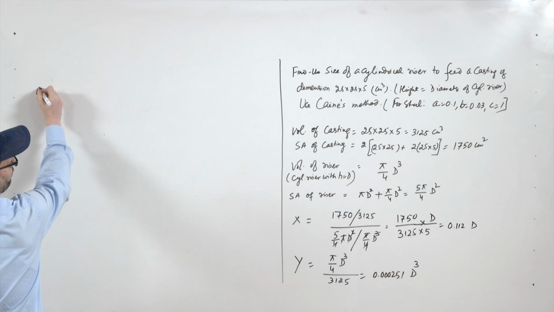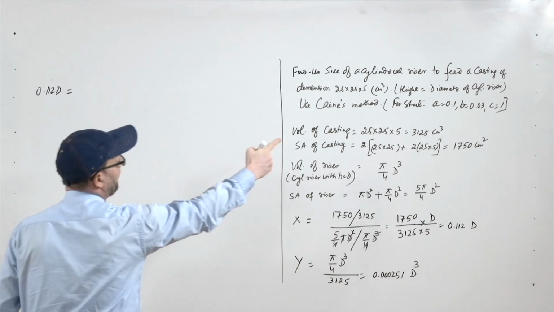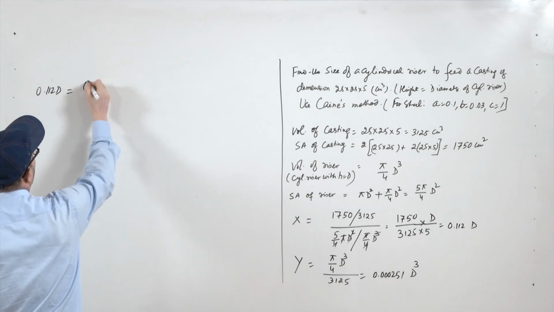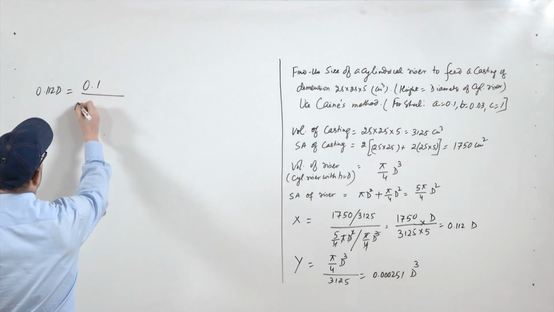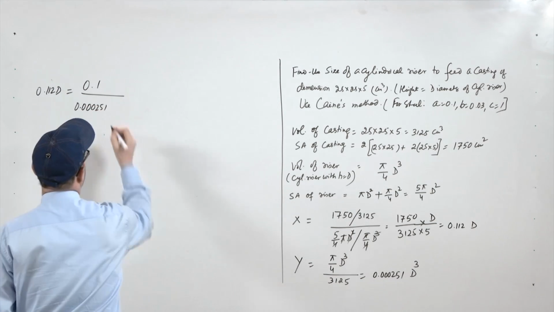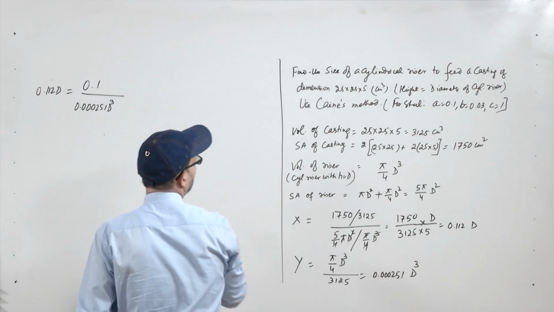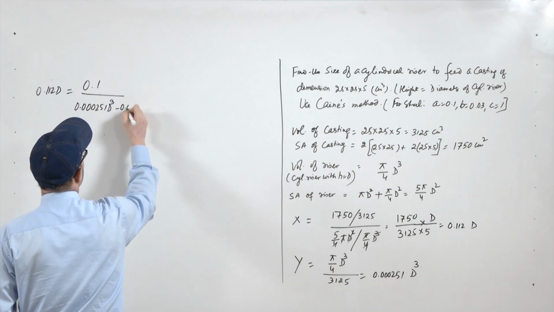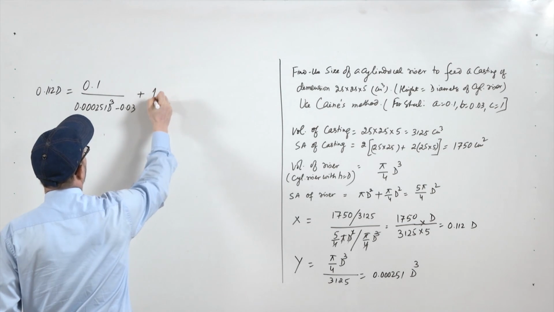So, 0.112 d equal to a is given as 0.1 upon y is 0.000251 d cube minus b is given as 0.03 and plus c 1.